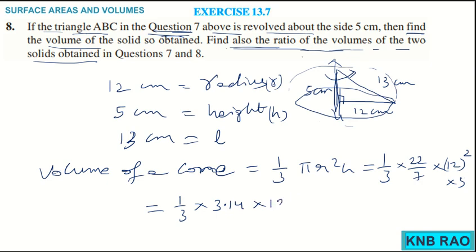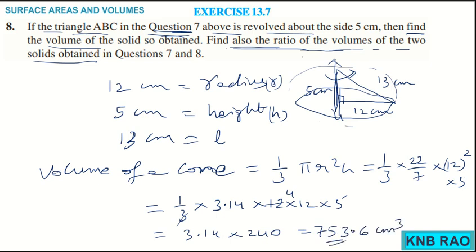So 12 into 12 into 5, 3 fours are 12, 4 fives are 20, 20 twelves are 240. So 3.14 into 240, on multiplication of this you will get 753.6 centimeter cube. This is the volume of this cone.